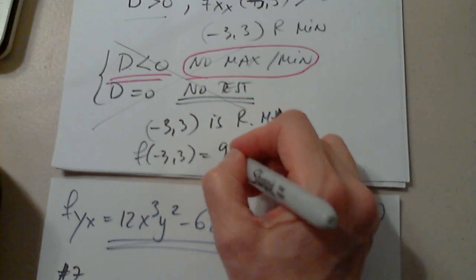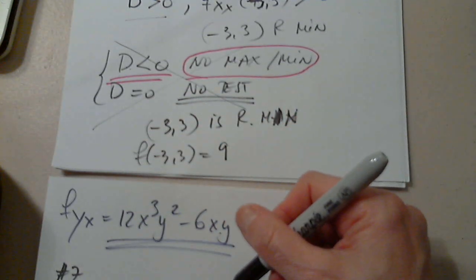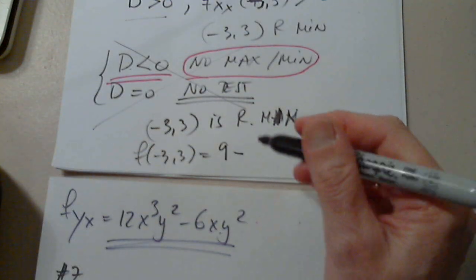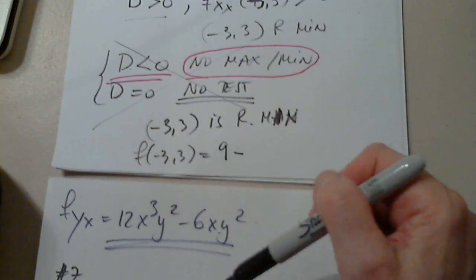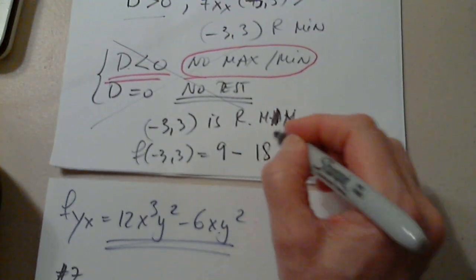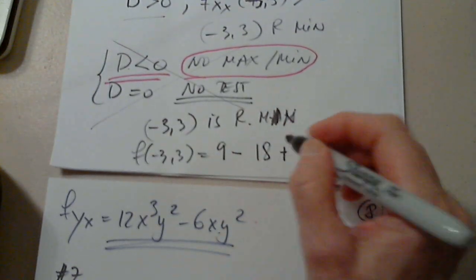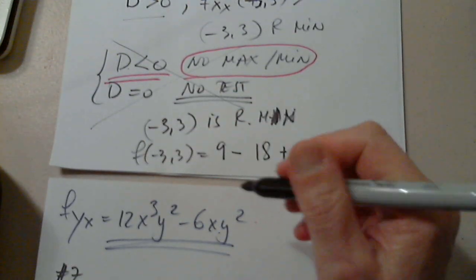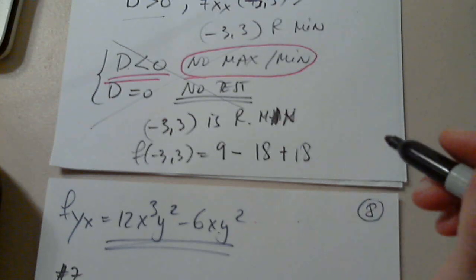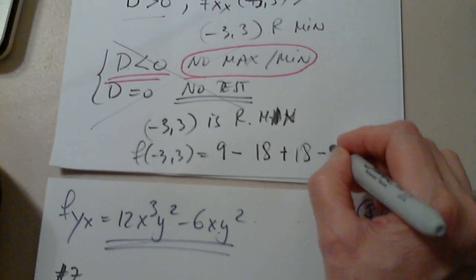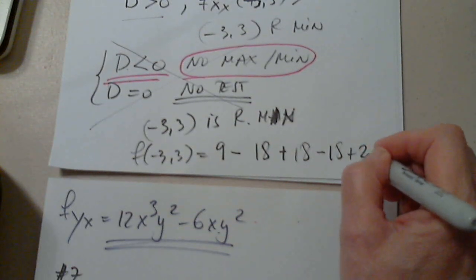Negative 3 squared, 9. 2 times negative 3 times 3, so this product is negative 9 times 2, negative 18. And then plus 2 times 9, 18, because it's 3 squared, 9 times 2 is 18, minus 6 times 3, again 18, and then plus 2.